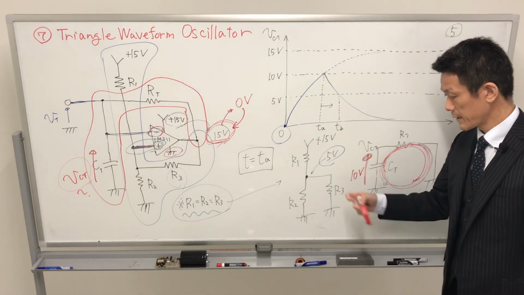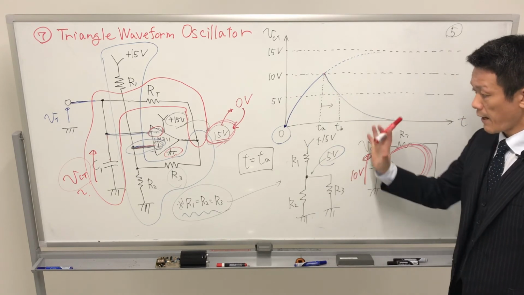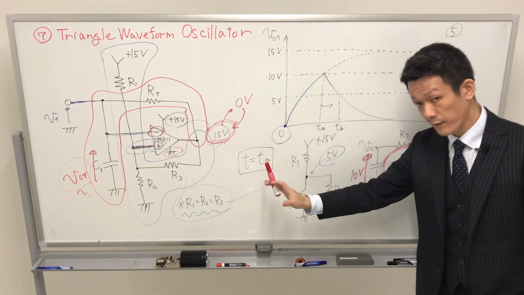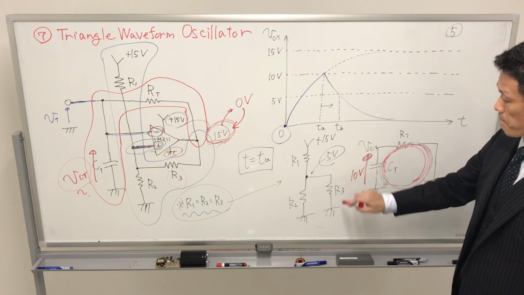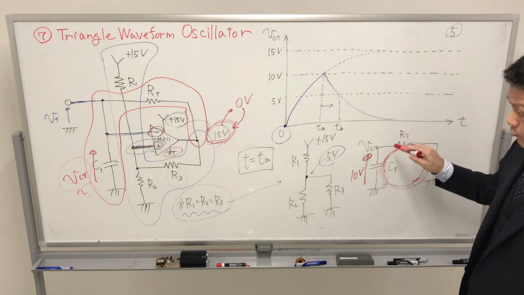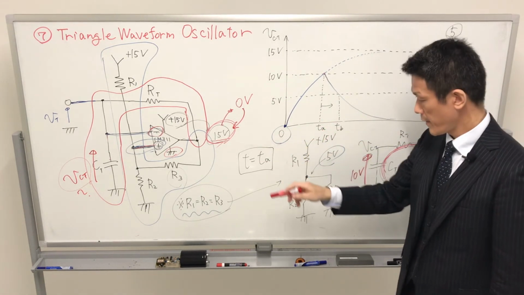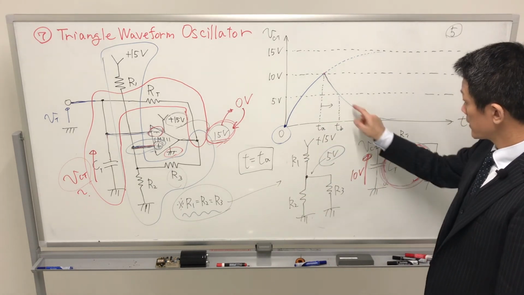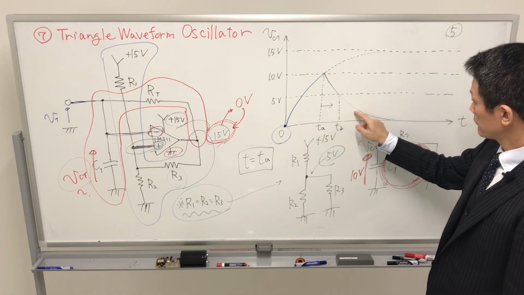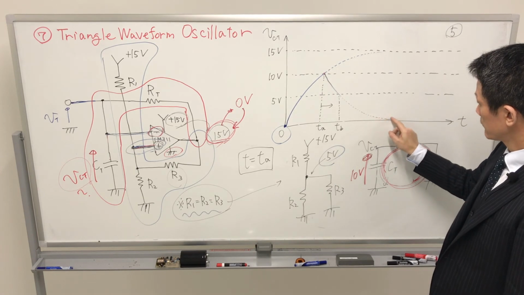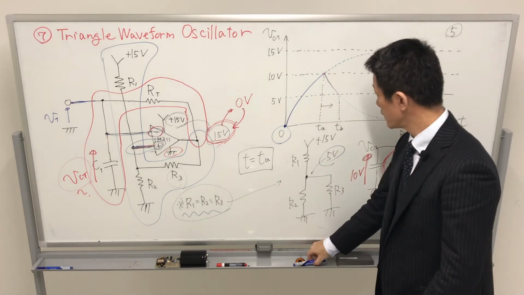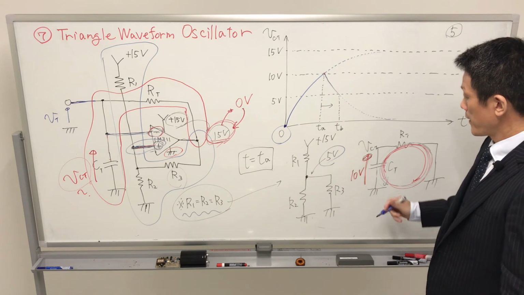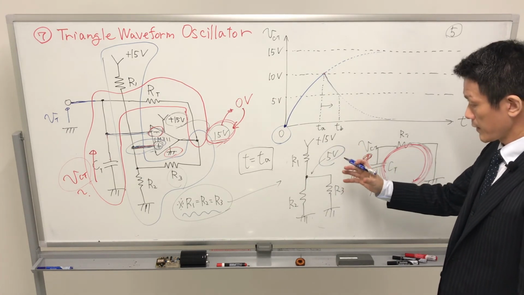And back to another equivalent circuit in each, the red line circuit and the blue line circuit. Okay. So this time it changes to another circuit.